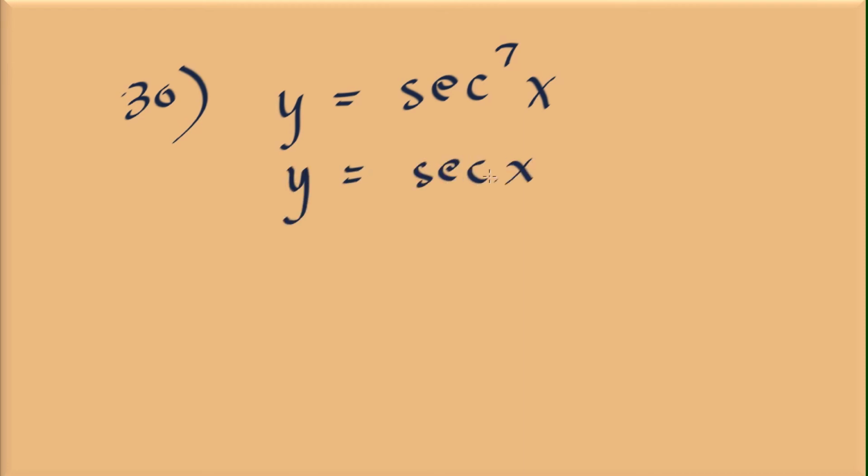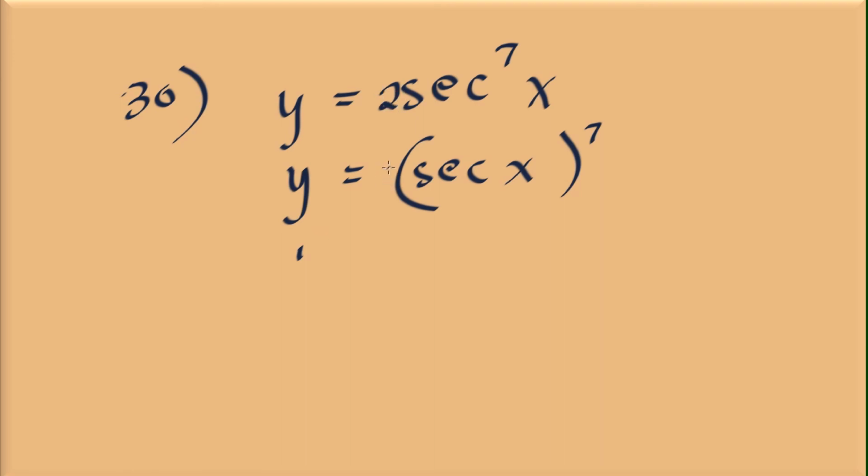Okay, so let's look at number 30. How about if we had secant to the seventh of x? So that is again the same as secant x raised to the seventh power. And I can add, let's say, 2 here.